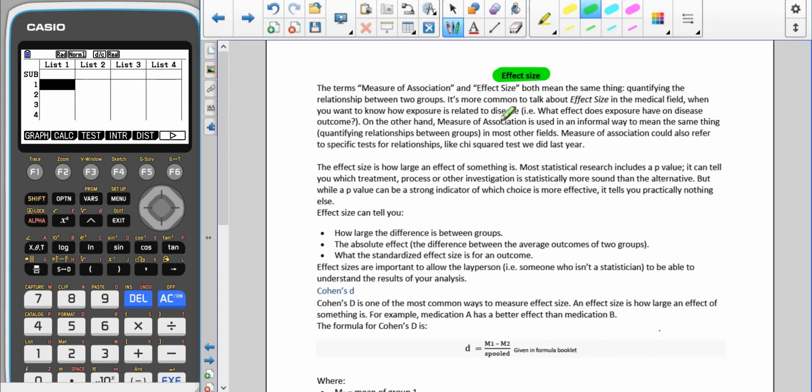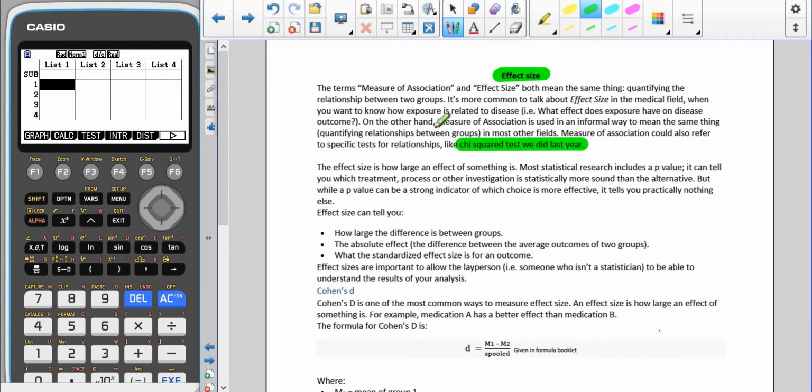On the other hand, measure of association is used as an informal way to measure the same thing, quantifying relationships between two groups. In most other fields, measures of association can refer to specific tests for relationships, like the chi-squared test that you had a look at in the first year.